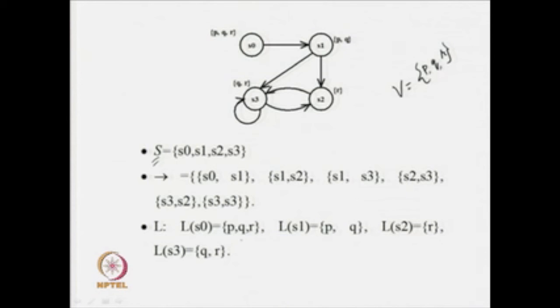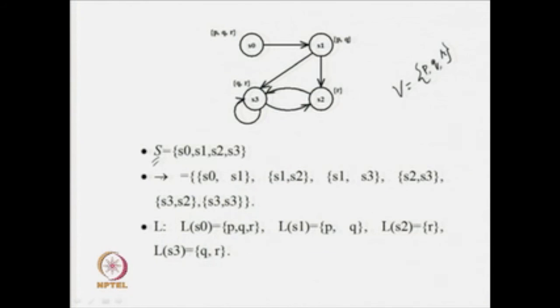So, the label of S0 is P, Q, R. In S1, P and Q are true, so the label of S1 is P and Q. The label of S2 is only R, because R is true, and the label of S3 is Q and R. With this explanation, I think the notion of a Kripke structure is clear, because it has three components: the set of states, the transition relation and the labeling function. And what is the labeling function? I have already explained.